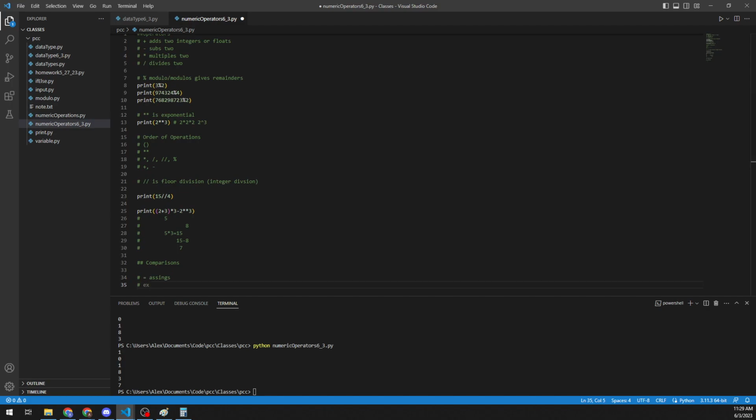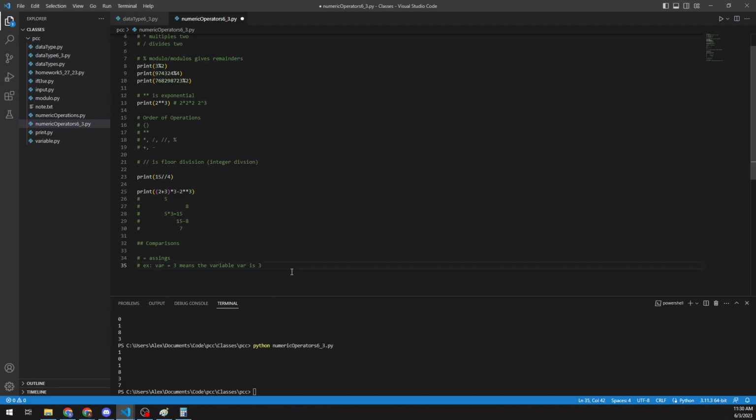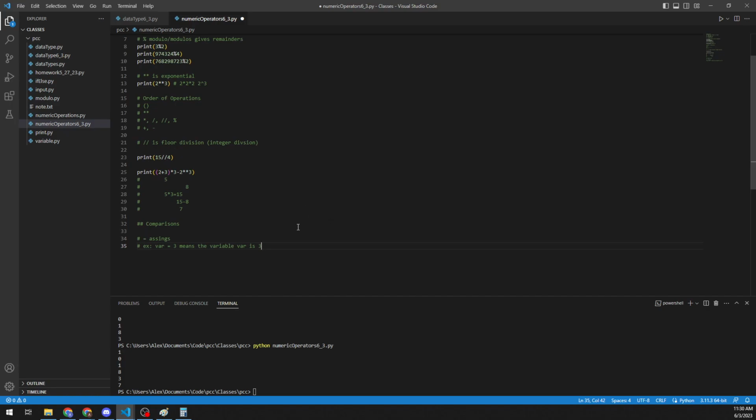For example, var equals 3 means the variable var has the value 3, right? We've done that 100 times at this point. Two equal signs means to compare, so this is a true or false statement.